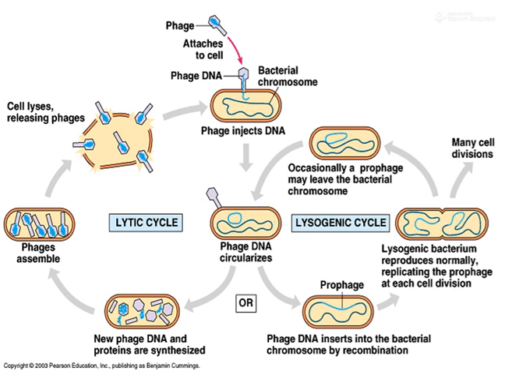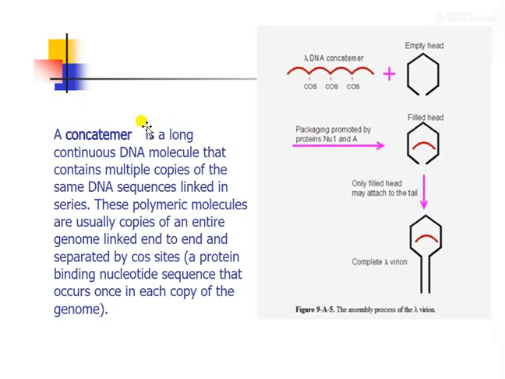Now, if you look into the phage DNA, it has a concatemer molecule when the DNA synthesis is carried out in the E. coli. Now, what is a concatemer molecule?